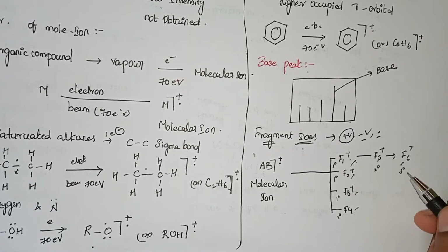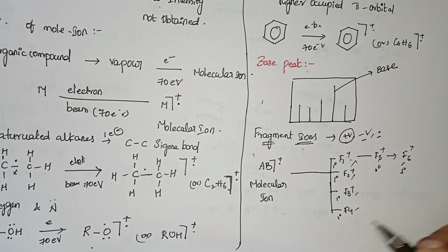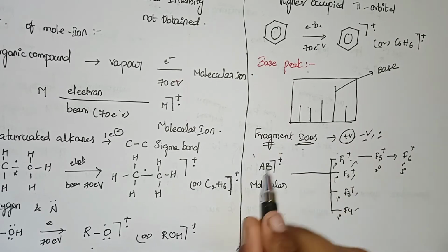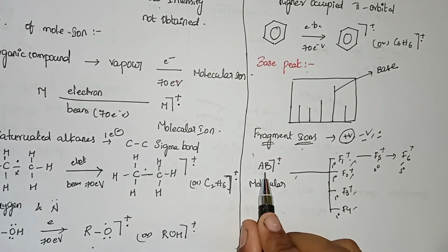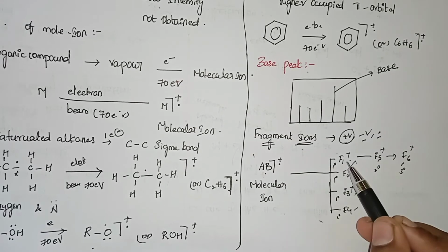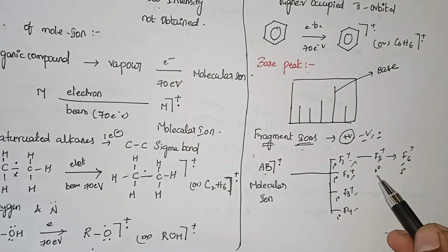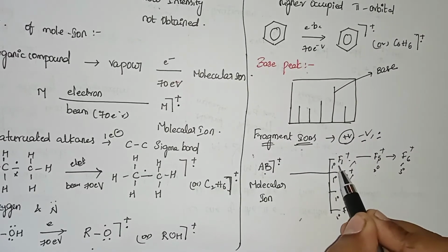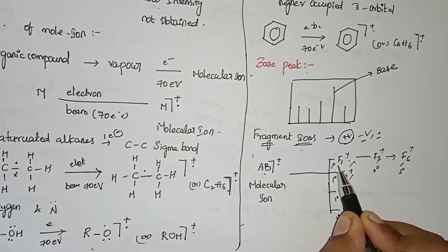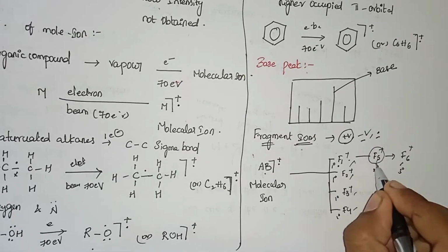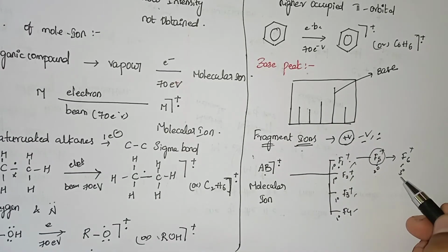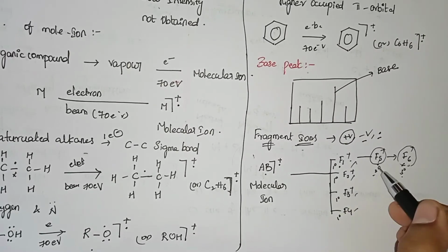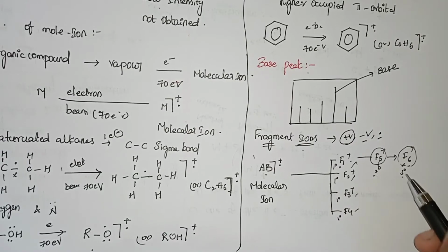A fragmented ion obtained from a primary fragmented ion is a secondary fragmented ion. A fragmented ion obtained from a secondary fragmented ion is a tertiary fragmented ion.